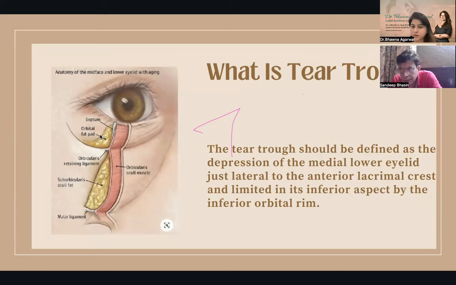We are as it is under correcting in all individuals, but in those, you have to tell them that there can be a puffiness or swelling, which can get aggravated.